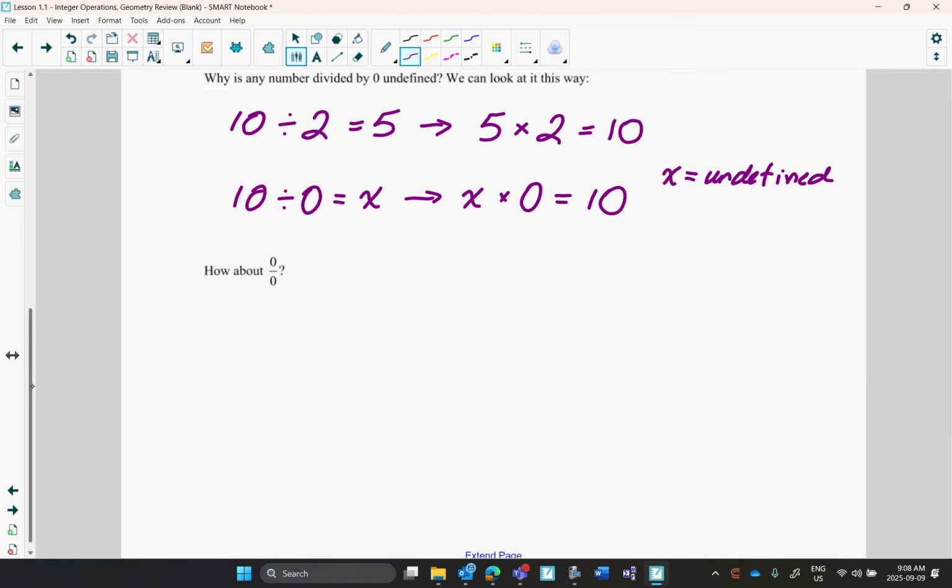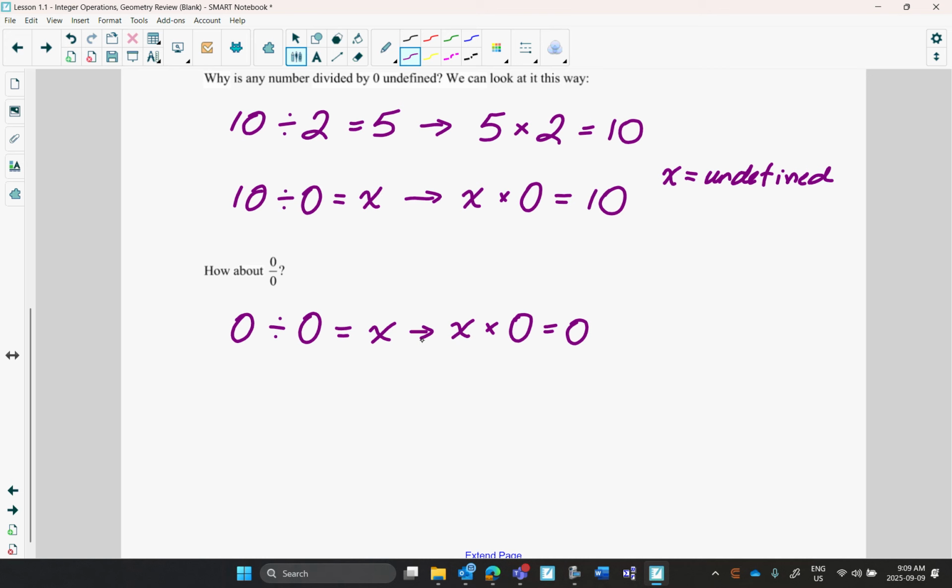Let's do this again. 0 divides 0. I don't know what the answer is. I'm trying to find it, so I'm going to call it X. That means working backwards. X times 0 must equal 0. That's working backwards from division. You can always change a division statement into a multiplication. So what number times 0 is 0?